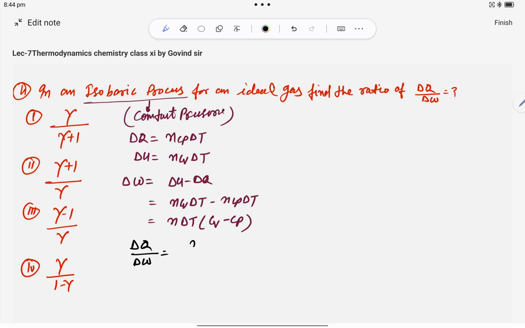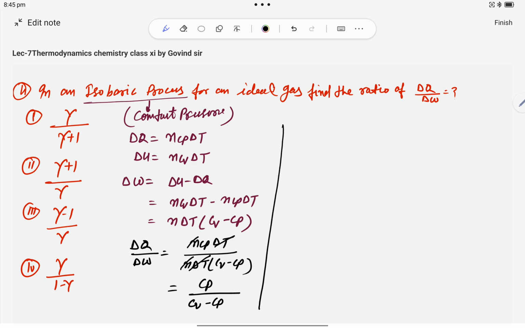Delta Q is n Cp delta T upon n delta T (Cv minus Cp). So this n cancels, delta T cancels. What are we getting? Cp upon (Cv minus Cp). So divide this by Cv.